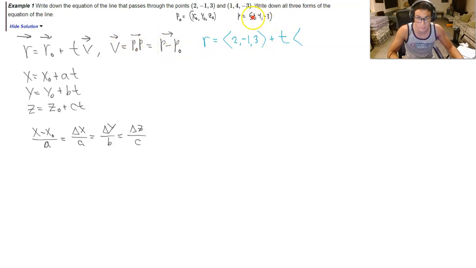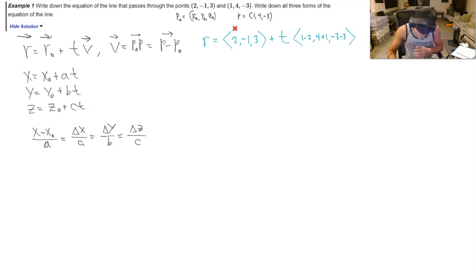So it's going to be 1 minus 2, then 4 minus -1, and then -3 minus 3.